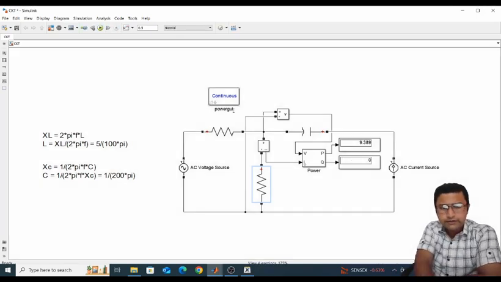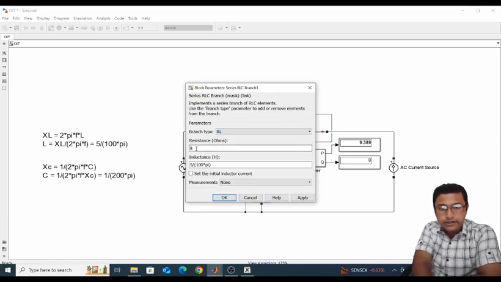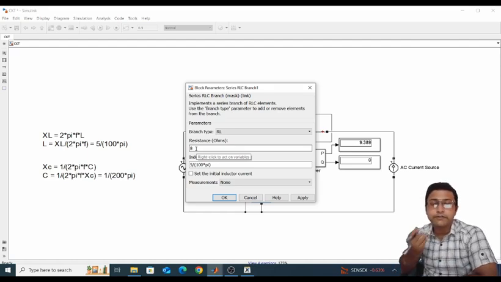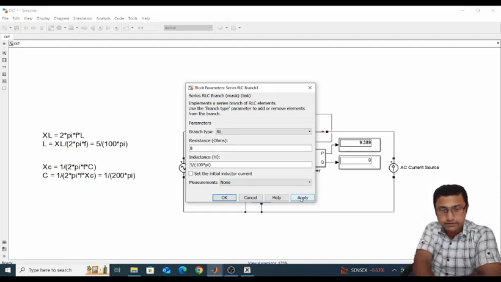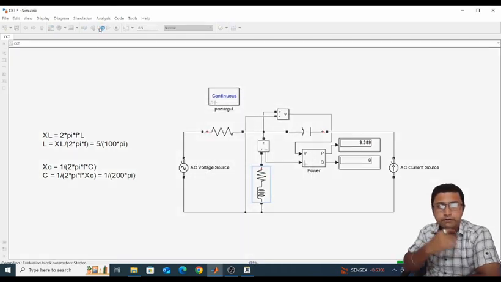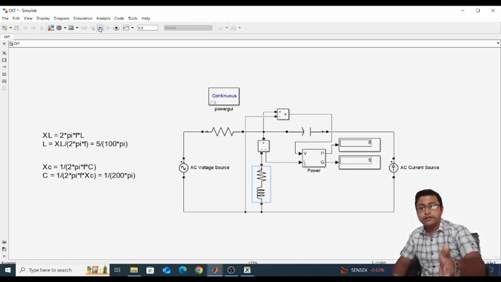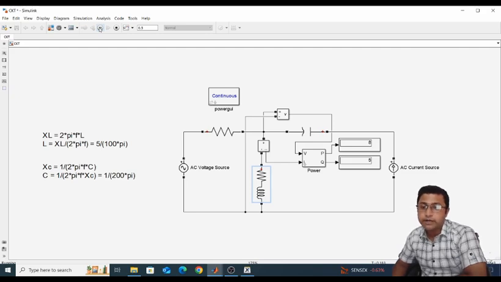If you want, you can put the load resistance as 8 ohm and the load reactance as J5 ohm. You can check various conditions here and see whether the power is maximum or not. Again you will get the active power as 5 watt and the reactive power as 5 var. So it is not the maximum condition.